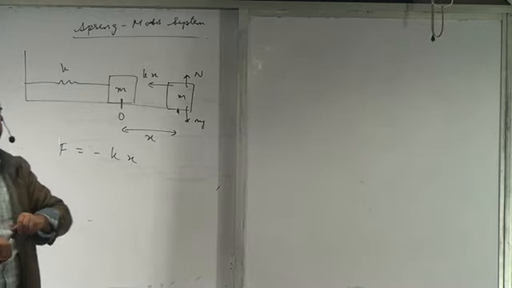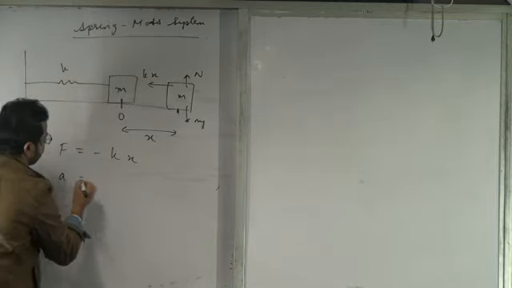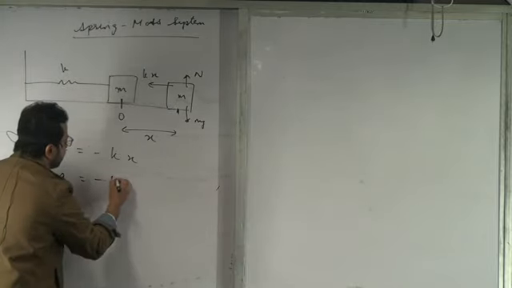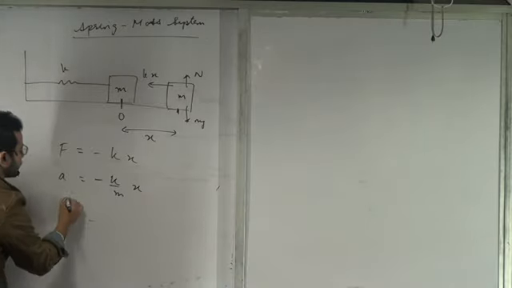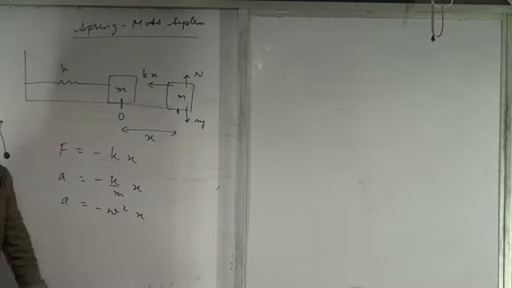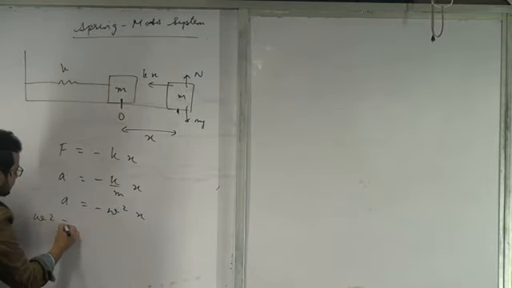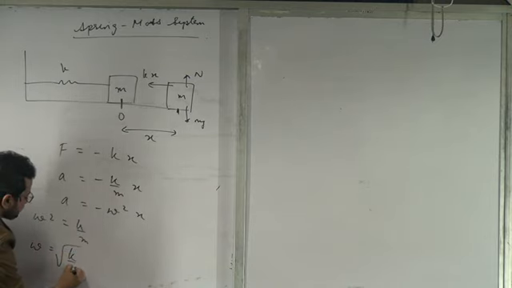Alright, now what we need to do is find out the time period. If we want to find out the time period, we'll find the acceleration. The acceleration would be minus k by m into x. And we compare it with what equation? We compare it with minus omega square x. So what is omega square? Omega square is k by m. So omega is under root k by m.